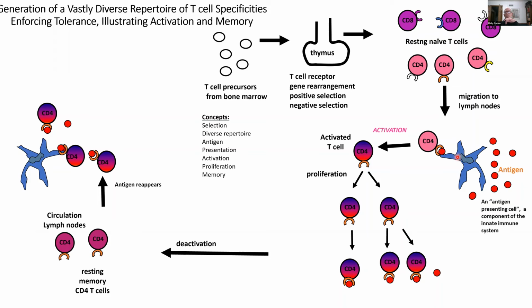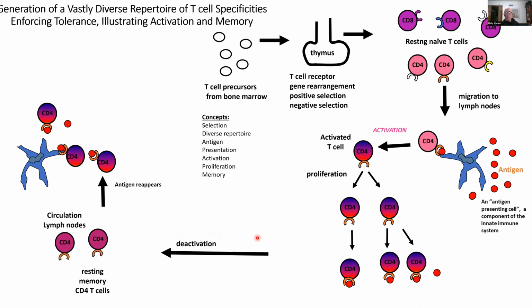And so it puts the antigens on the surface, presents them to a T cell, and that sends messages to activate the T cell. The T cell proliferates, makes more T cells. They attack the infection. And then when the infection has been controlled, there are signals that tell it to deactivate. And some of those cells will persist as memory cells, and they will be preferentially activated if the same antigen reappears.